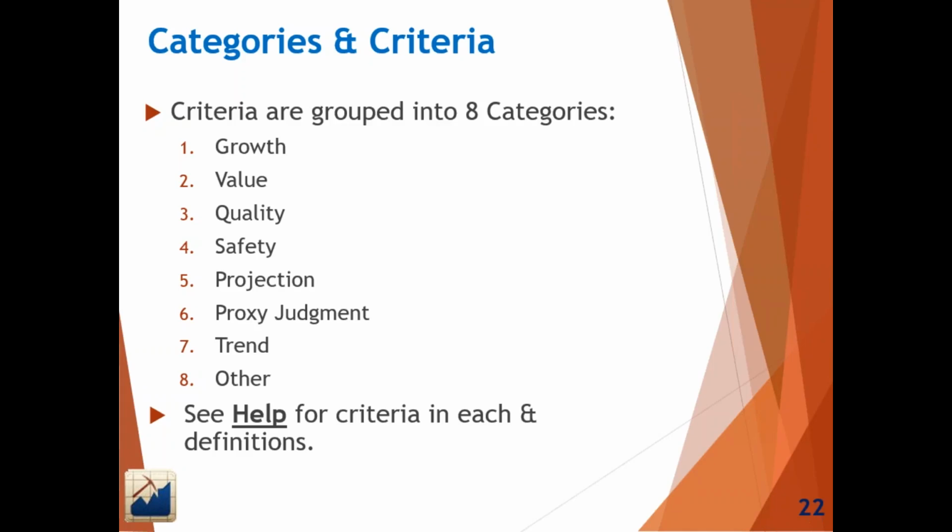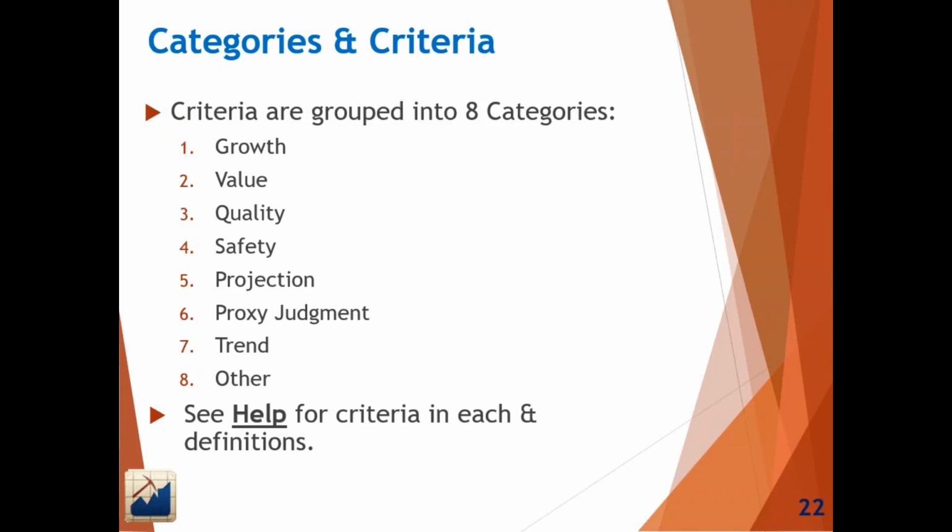We apply default judgment mathematically, so not with any sense of a rules-based set, to come up with total return figures and other items. So these can be acceptable for mature growth companies. For every other company, they can be wildly out of whack, so I tend to stay away from those. We have trend, and then we have other, and that's where you'll find ticker symbol, industry, sector, etc.